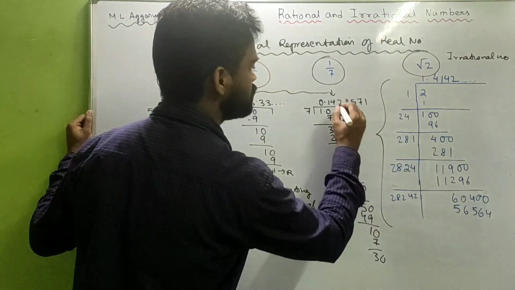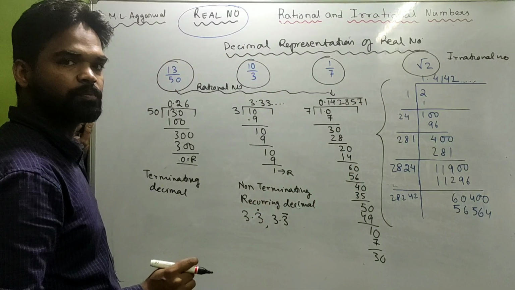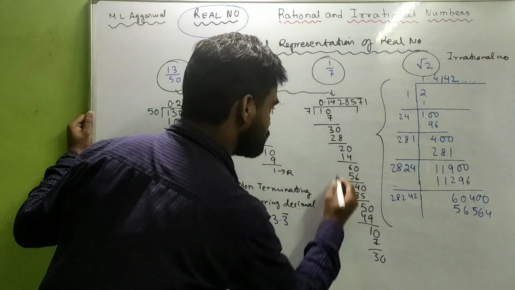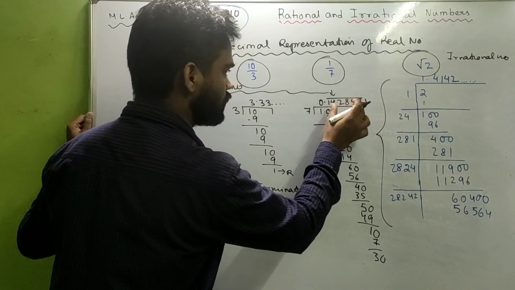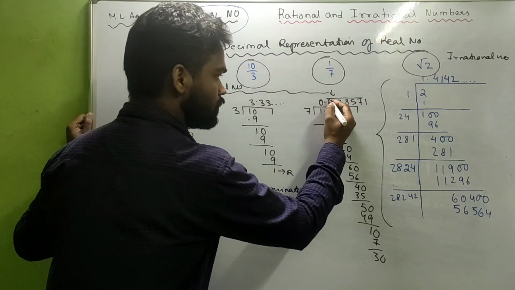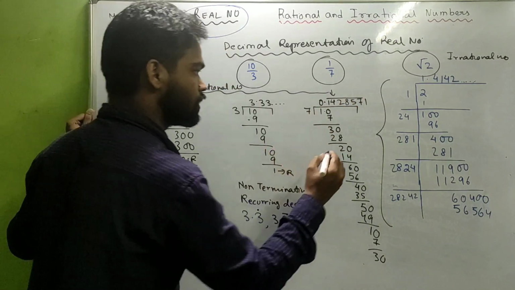Again there's a repetition. So this entire part is repeated, which means this can be written with a bar over the repeated part, or you can write it like that also.